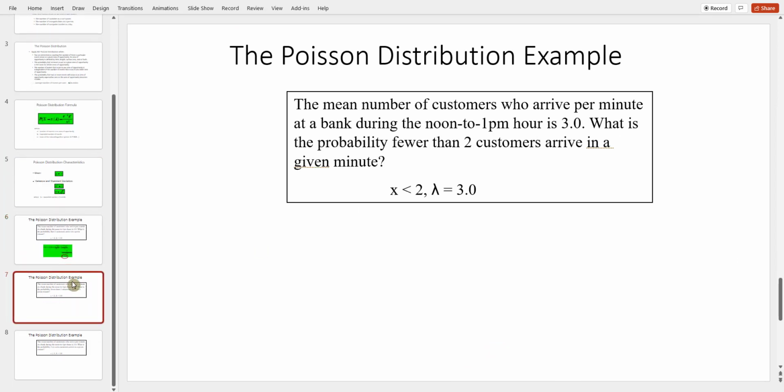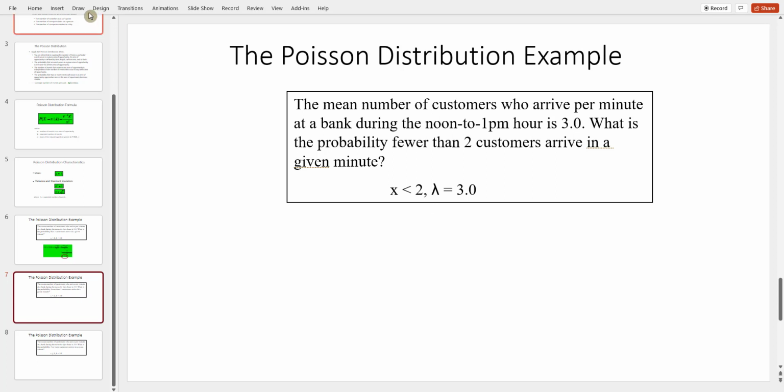So there are other probabilities that we can calculate. Let's find out the probability that x is less than 2. What is the probability that fewer than 2 customers arrive in a given minute? So you really have to be careful with this. You have to be careful of the wording. So it says fewer than 2.